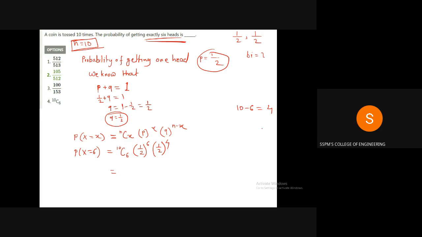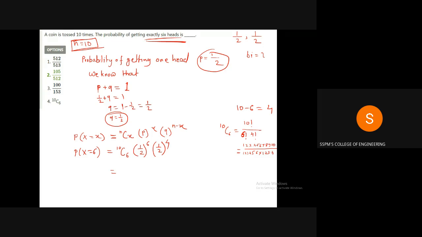Okay, what is 10C6? 10C6 is given by 10 factorial divided by 6 factorial into 4 factorial. How can you solve this? 10 factorial means 1, 2, 3, 4, 5, 6, 7, 8, 9, 10, all in multiplication, divided by 1, 2, 3, 4, 5, 6 into 1, 2, 3, 4.